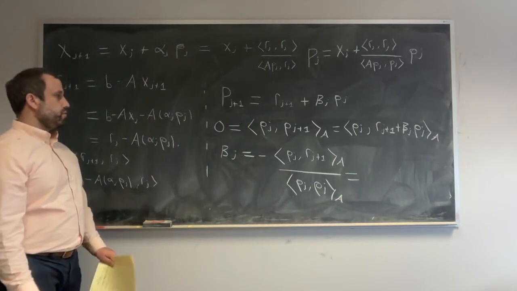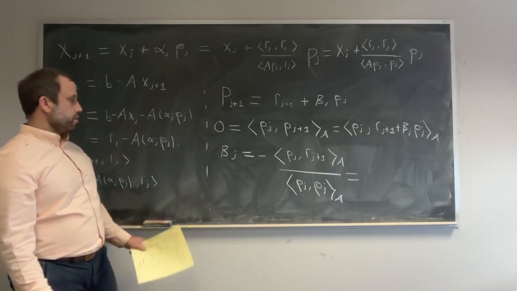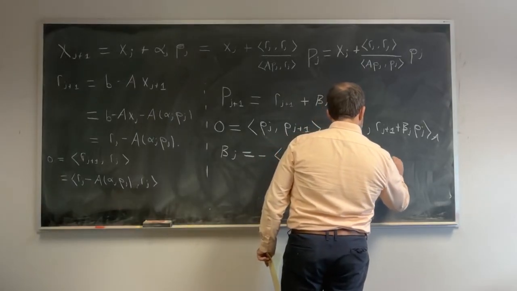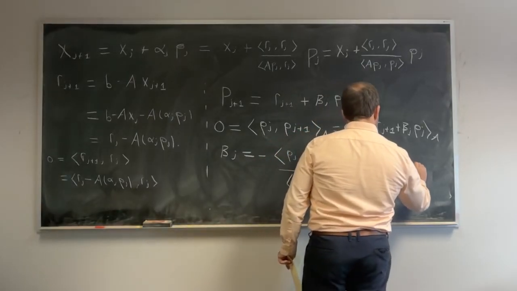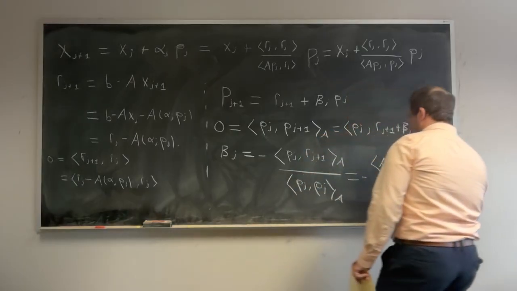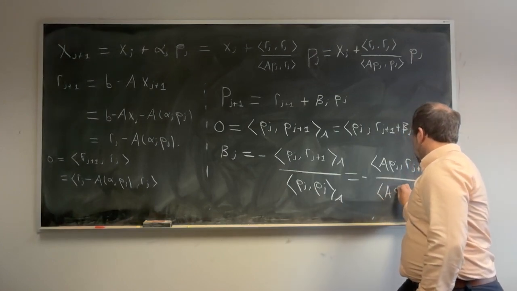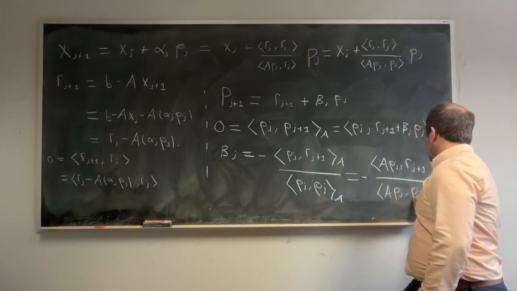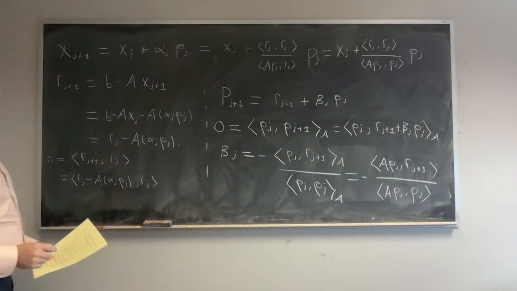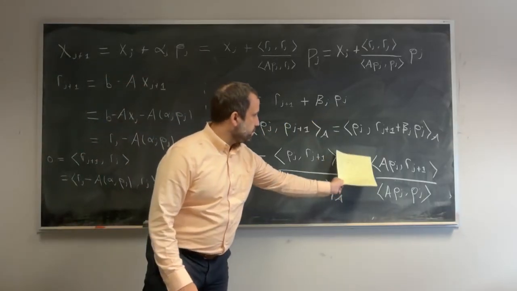And then if I just want to compute this in the standard Euclidean inner product, it's going to be minus A p_j, r_{j+1} divided by A p_j, p_j. Okay, so this beta_j here is given by this formula here.